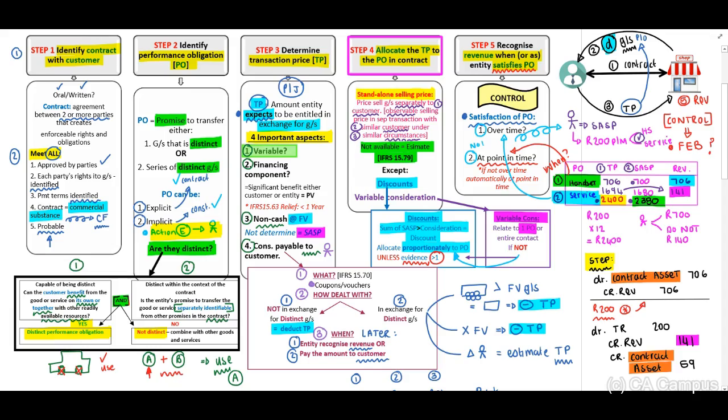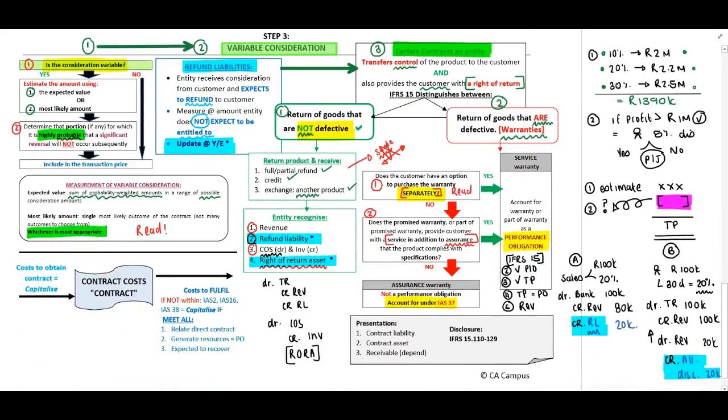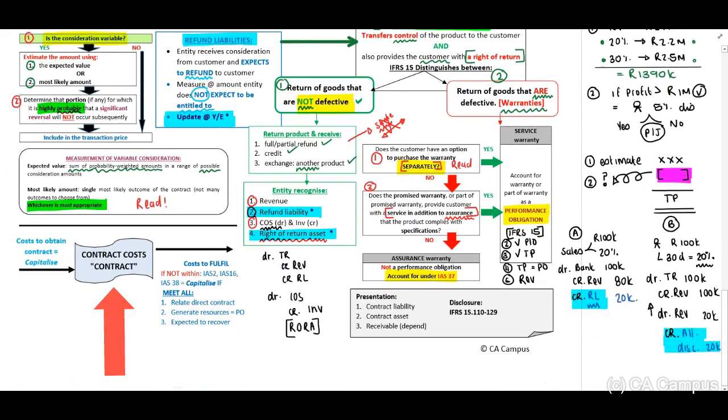Then step 5, we have already discussed how to recognize our revenue in our example based on our journal entries. I want to look at our contract costs. Now, there are 2 types. The first will be our costs to obtain the contract, incremental costs. You will have to capitalize your incremental costs, and once you have obtained your contract, the costs to fulfill that contract.